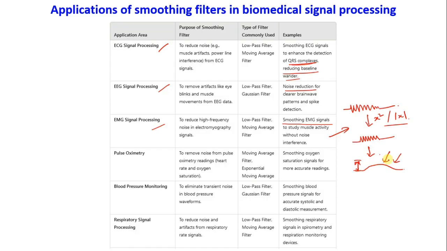It can also be used in pulse oximetry. It can help us in smoothing the oxygen saturation signals, so that you get more accurate readings. Then in blood pressure monitoring, it can be used to eliminate transient noise in the blood pressure waveforms. In respiratory signals, it can help us smooth the signals in spirometry and respiration monitoring devices.